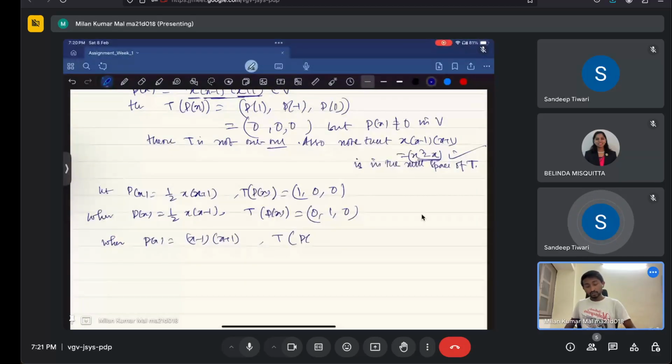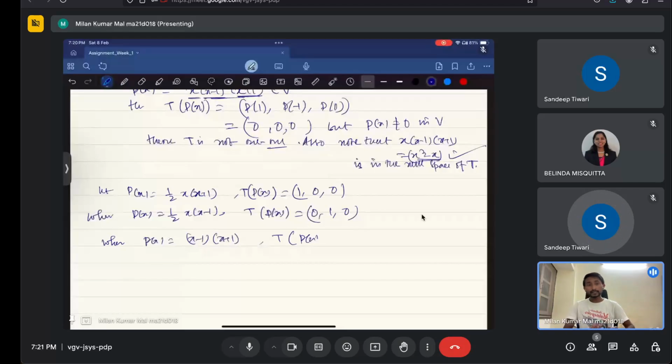So what we have seen is that the range of T contains this set: 1,0,0; 0,1,0; 0,0,1.